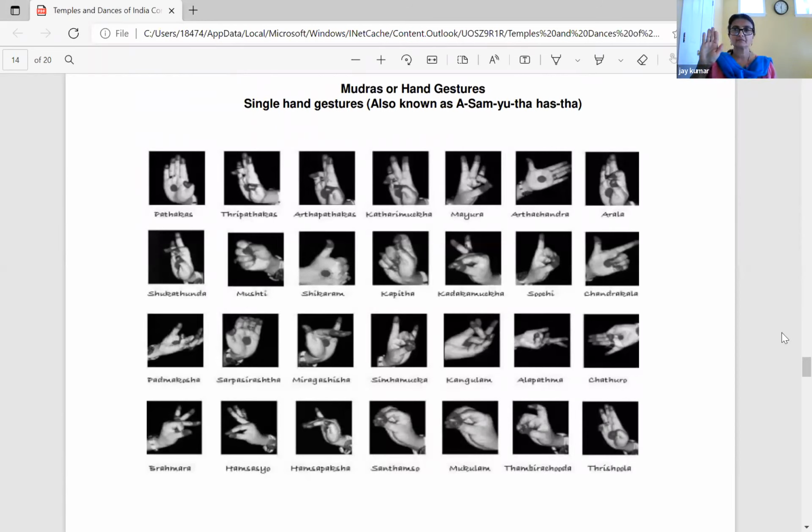For example, the most common one that we have, which is the first one in this picture, is Pataka. I want you to know that all of these are in Sanskrit, a language that is about 2000 years old.